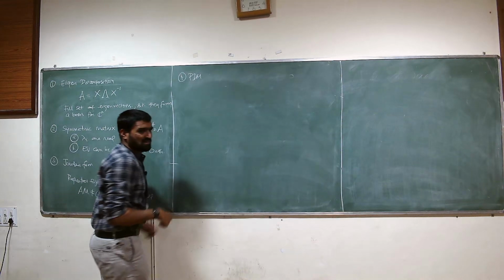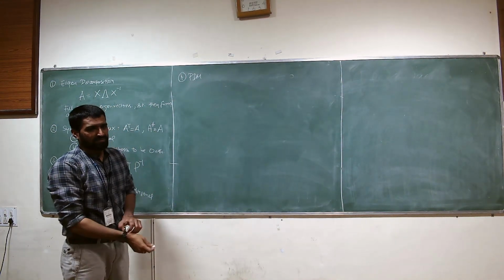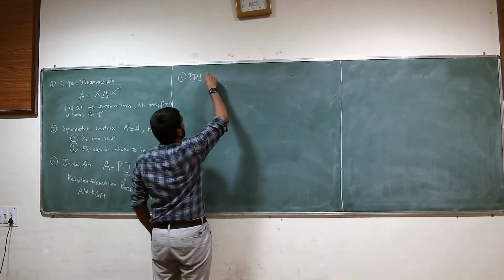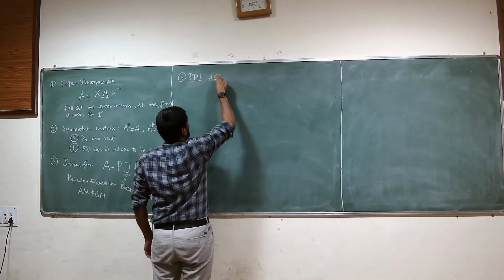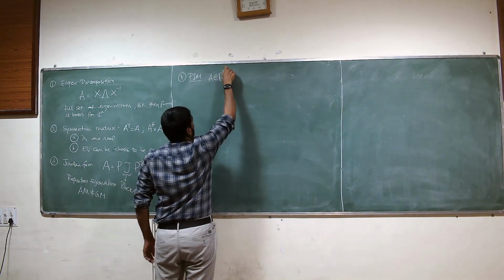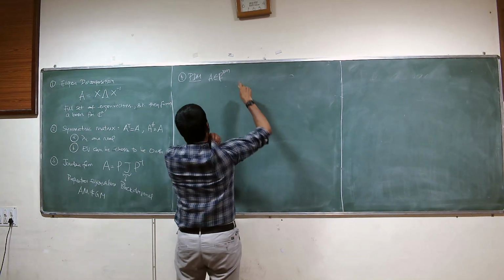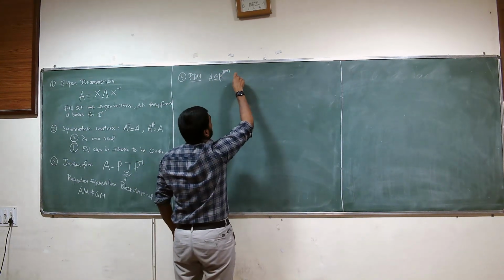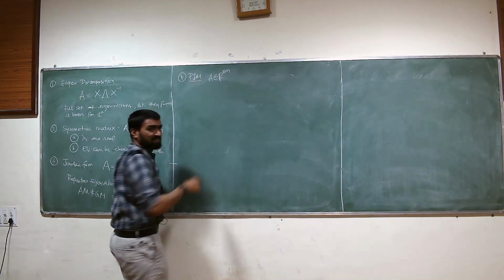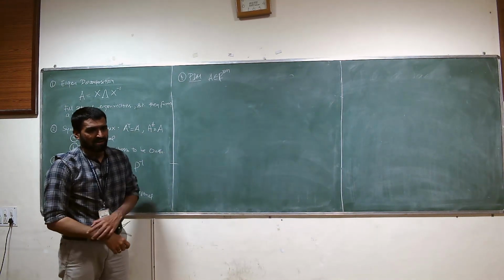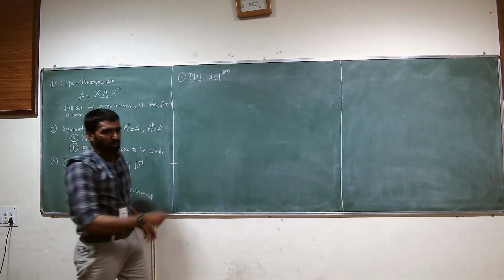And then after this, what are positive definite matrices? Here again, we're talking about square matrices. And when is the matrix positive definite?